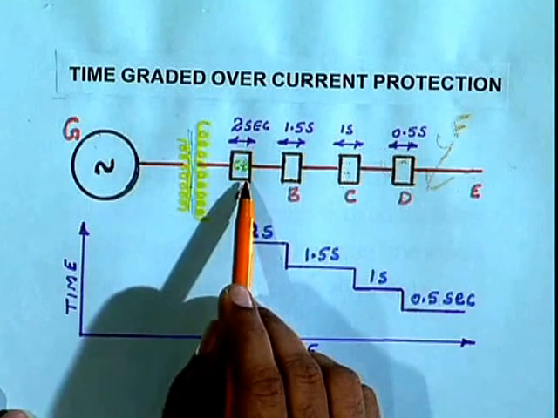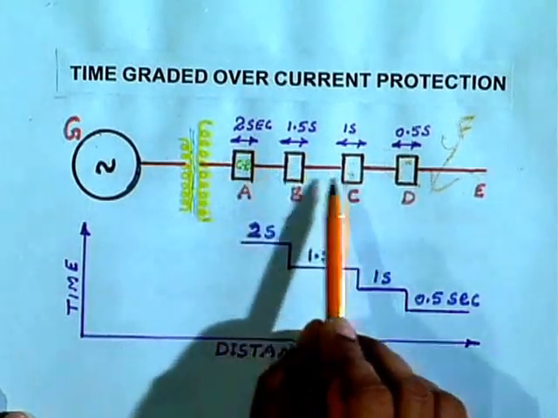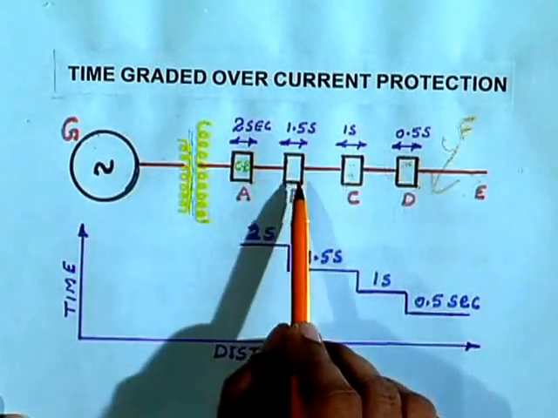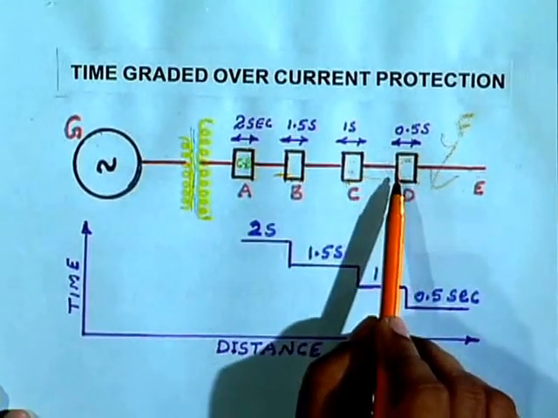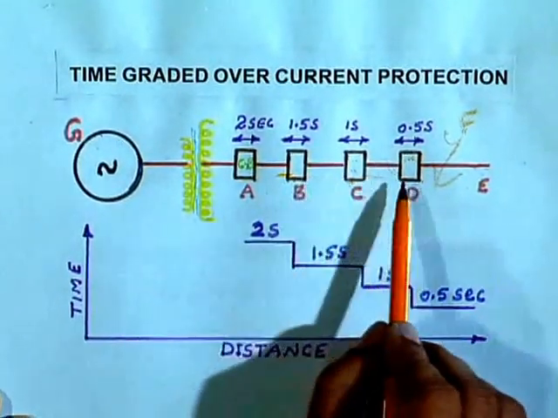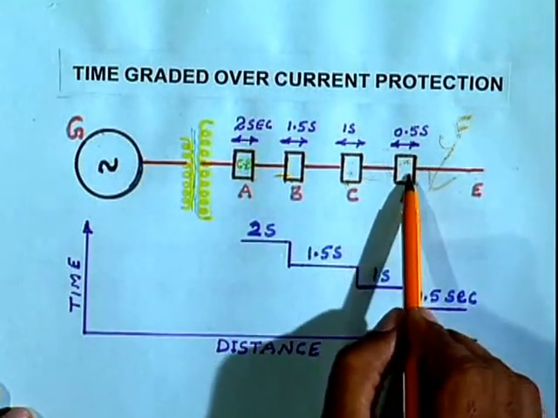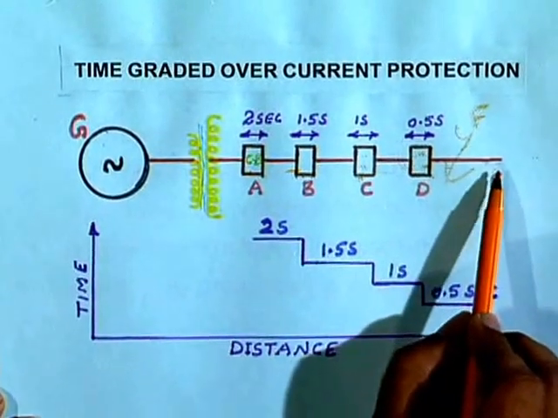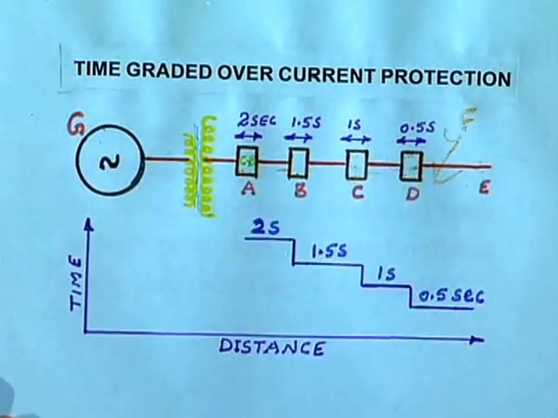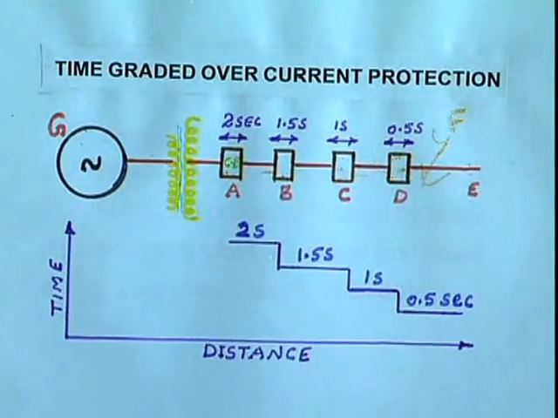Once relay A operates, though there is no fault between A to B, B to C, C to D, the entire system will be blocked. Because of the malfunctioning of relay D, A has operated, therefore the entire system has collapsed. This is the disadvantage we have in this type of radial feeder system.